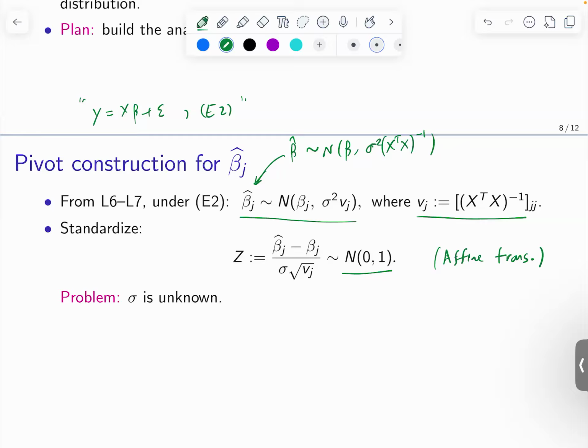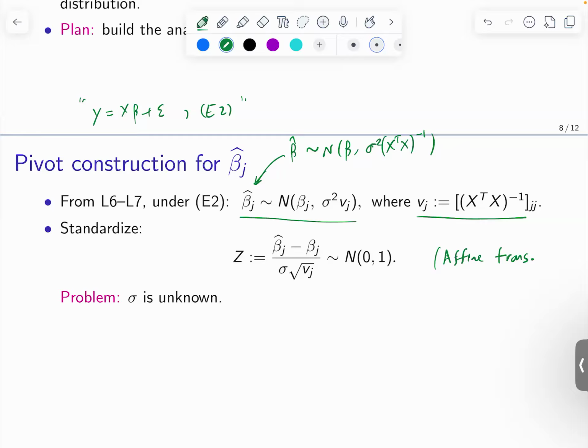If I knew sigma, this would be a good pivot because it would only involve beta j, the unknown parameter, and the distribution does not depend on the unknown parameter. This is sometimes called the z value. But here we don't know the variance, so we need to work a little bit harder. So what do we often do in this case? How do I deal with the fact that I don't know sigma?